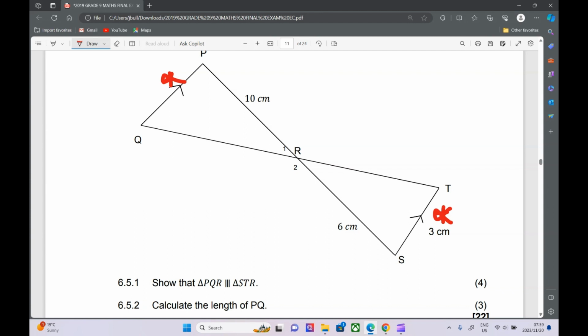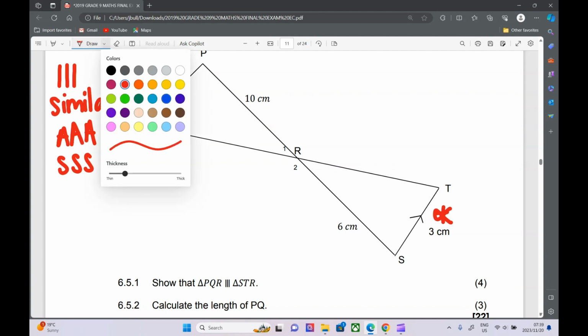For similar triangles, you can either prove that all the angles are equal, so angle, angle, angle, or you can prove all the sides are in proportion. So you could say the one triangle is 2 times the size of the other triangle. In this one, we are going to have to use angles because we haven't been given all the sides here.